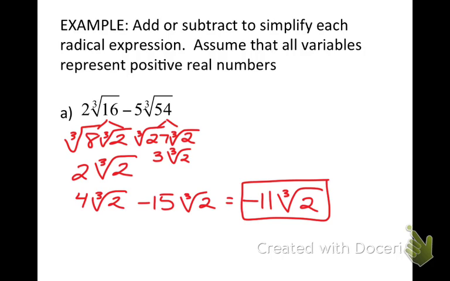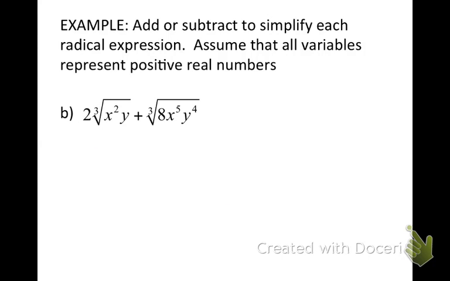Okay. All right, so let's throw more variables into the mix. So here we have 2 times the cube root of x squared y plus the cube root of 8 x to the third y to the fourth.